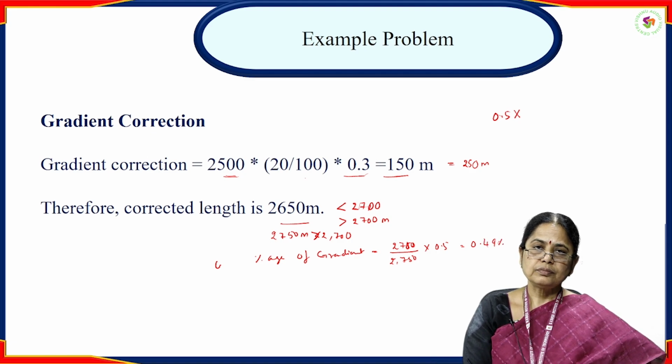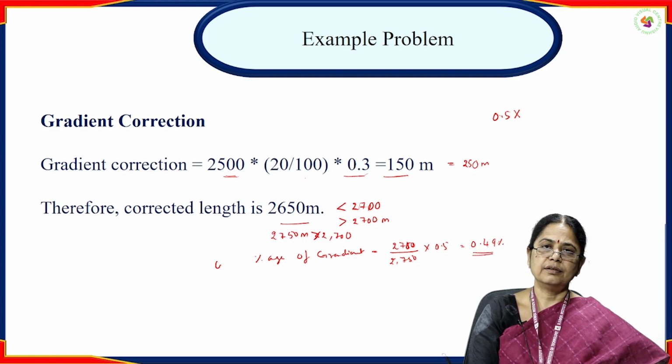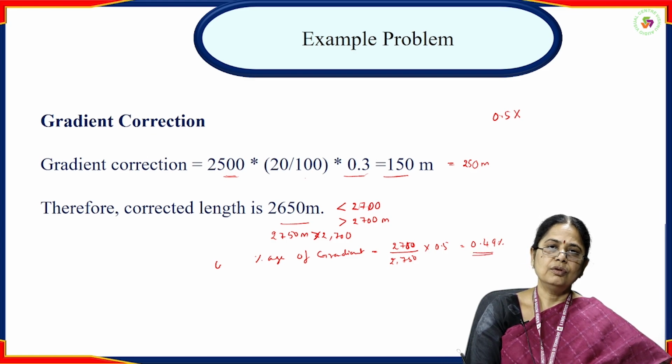So we need to apply the change in the gradient. Like this we have to apply corrections to the basic length for elevation, temperature and gradient.